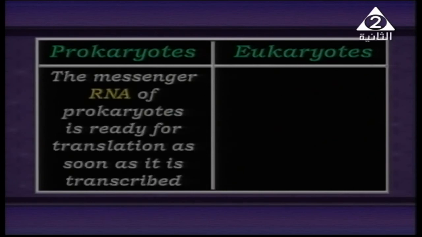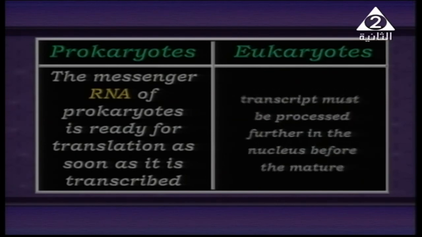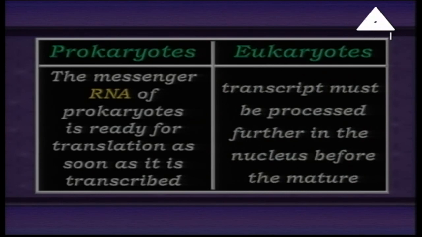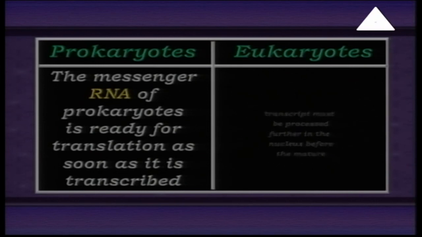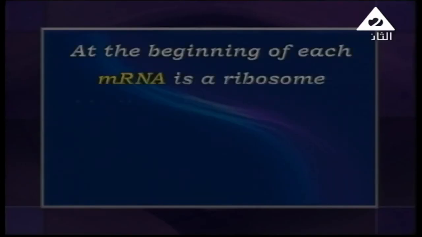The messenger RNA of prokaryotes is ready for translation as soon as it's transcribed. But in eukaryotes, on the other hand, the original transcribed mRNA must be processed further in the nucleus before the mature mRNA is ready to enter the cytoplasm and participate in protein synthesis.